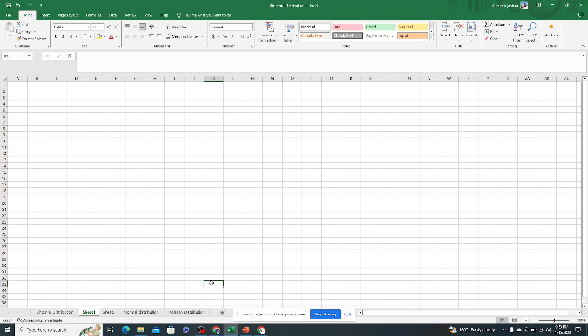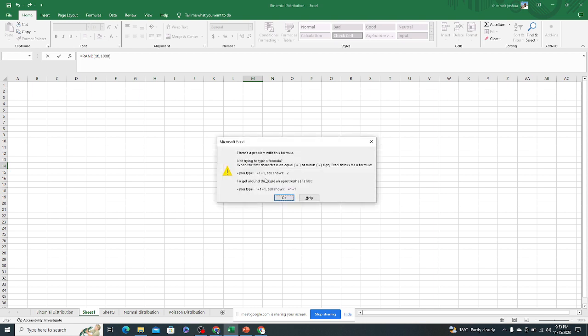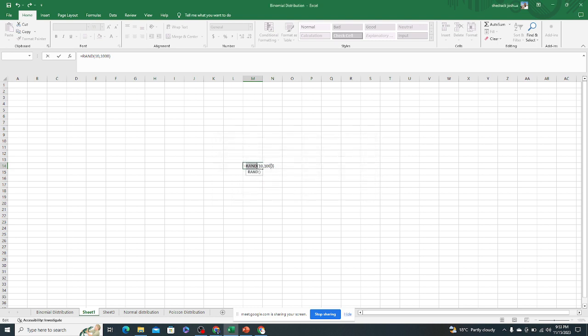Then I can decide to generate random numbers. Under RAND, I can try to generate 10 random numbers out of the population of 1,000.